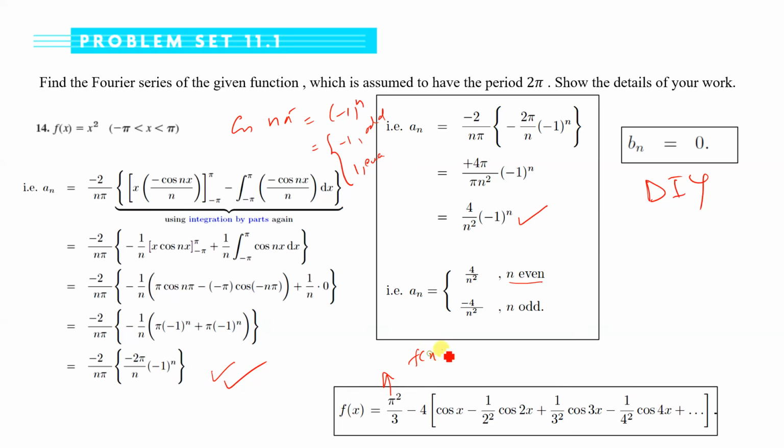Let me write the series first: an cos of nx plus bn sin of nx.